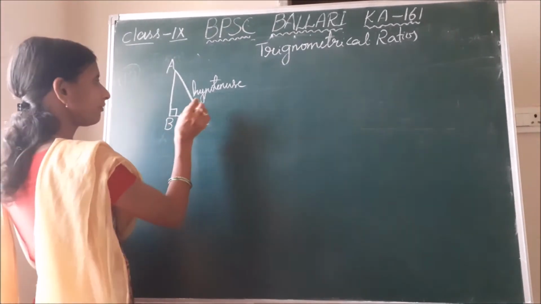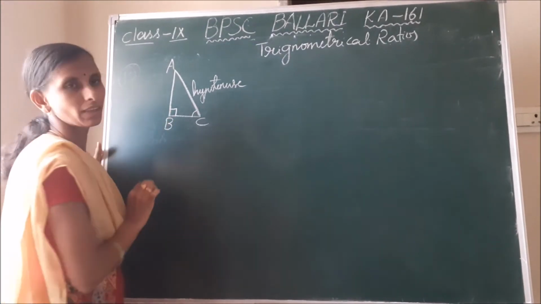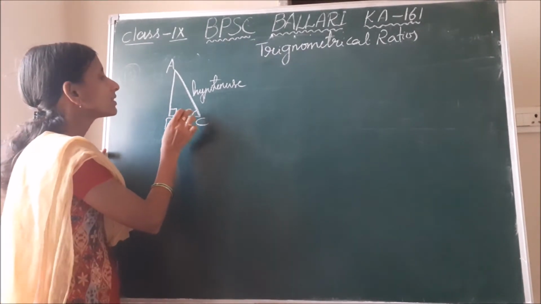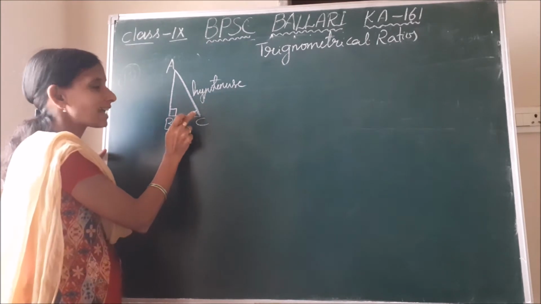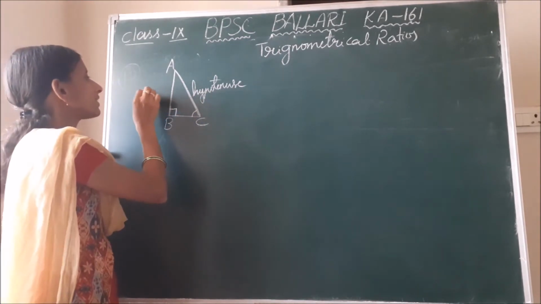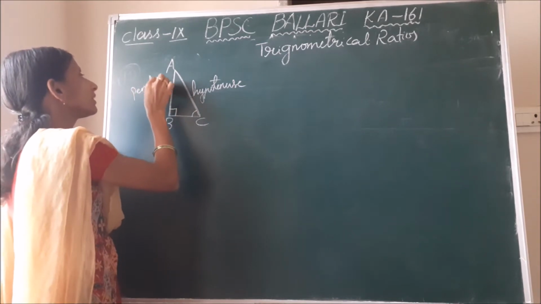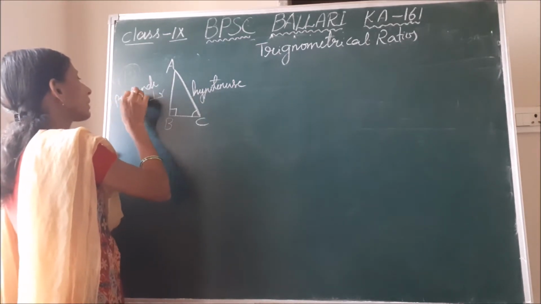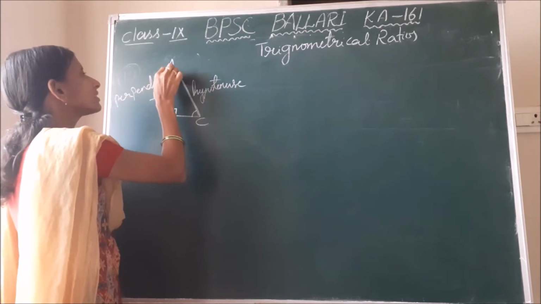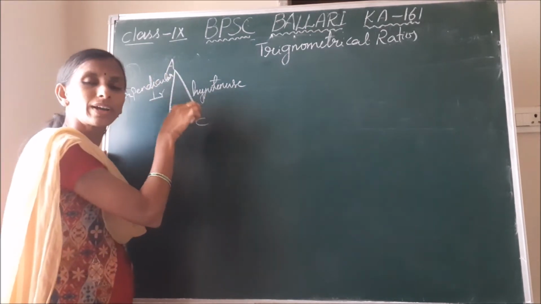Now suppose we take the angle here, then the side opposite to this angle we call the perpendicular. Perpendicular means the side opposite to the required angle.